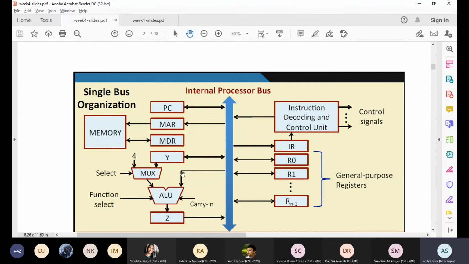The PC will come in from one side, and 4 will come in from this side, and then the addition, 1004, will occur inside the ALU, and be stored inside the temporary register Z. From here the value of 1004 will get updated in PC. So now the PC will point towards 1004.